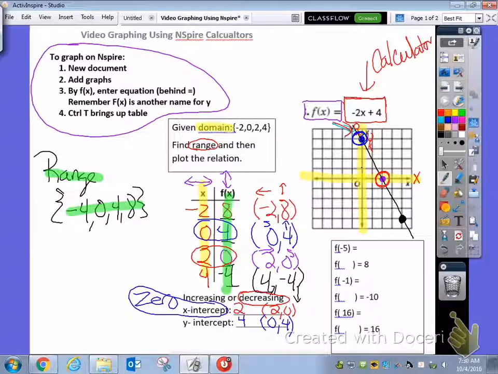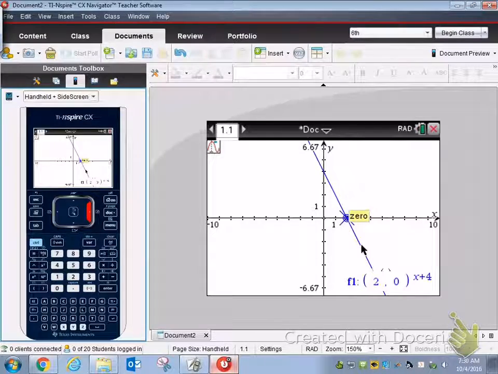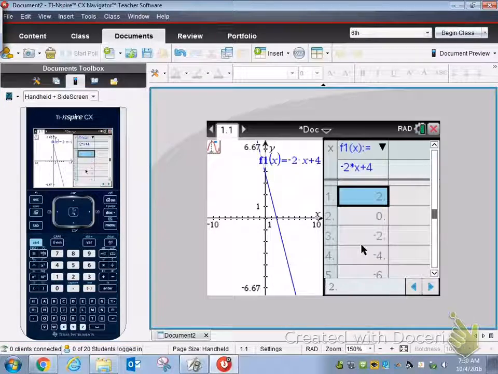Now, there are some other questions I want you to answer, and these all come from your table. So remember, anytime you graph, to access a table you hit the little yellow button and then T. So I'm going to go back and hit Control T, and we're going to look for those values. The first one is f of negative 5.